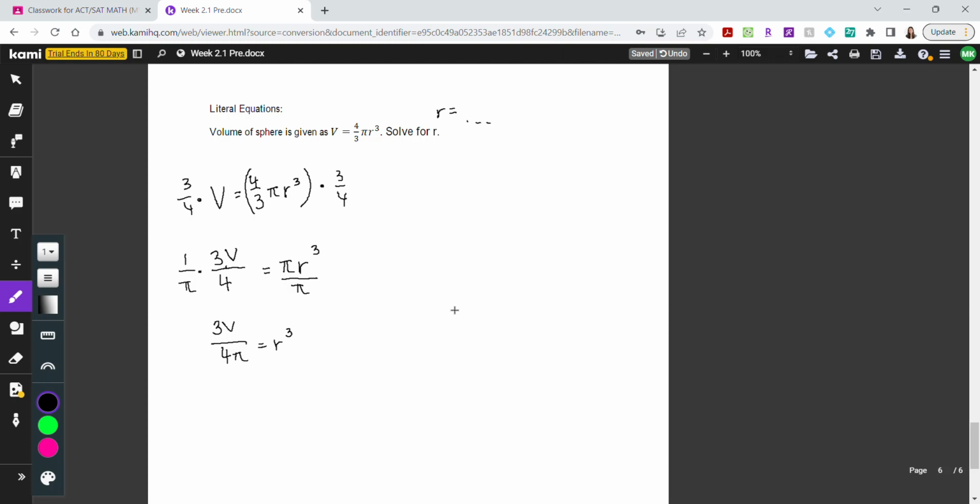Let's rewrite it this way, just for simplicity's sake. Now we want to get rid of the cube. The opposite of cube is going to be a cube root. So that means we are going to cube root everything. All right, so it's going to look like this.